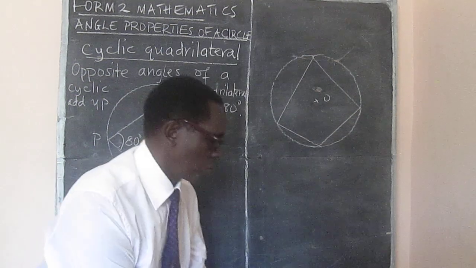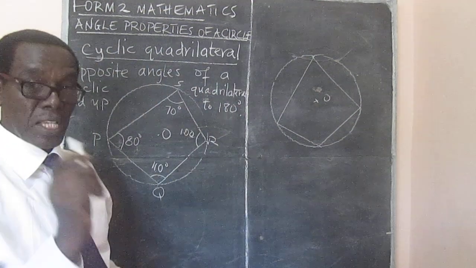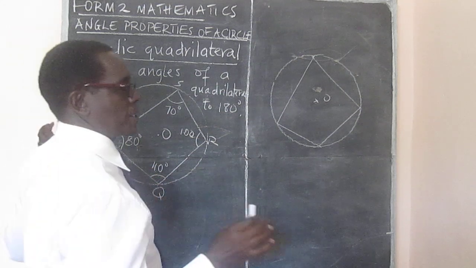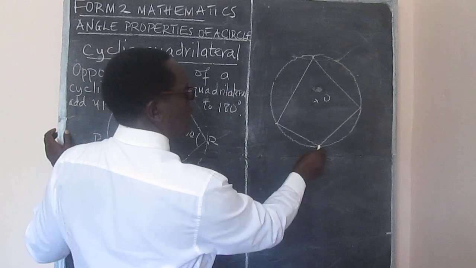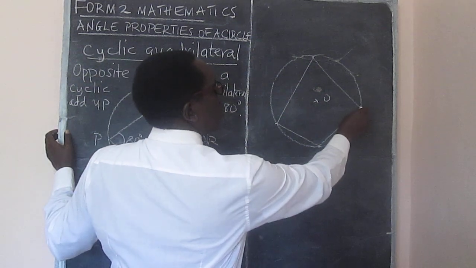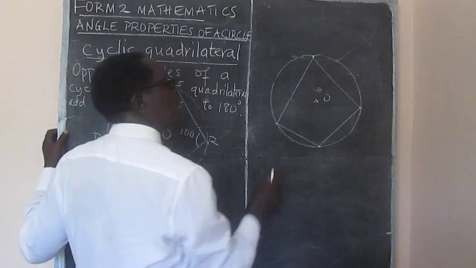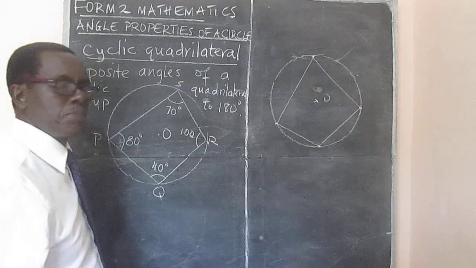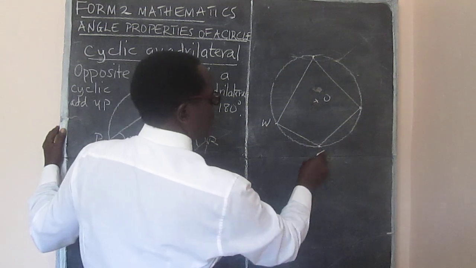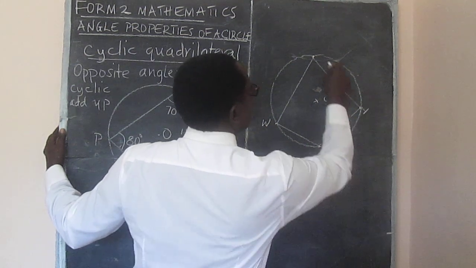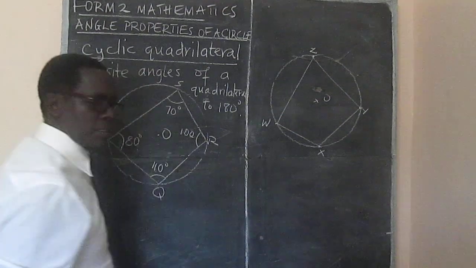Okay, so we have a cyclic quadrilateral. We've said that in a cyclic quadrilateral, the vertices are on the circumference of the circle. Let's call our quadrilateral W, X, Y, Z.